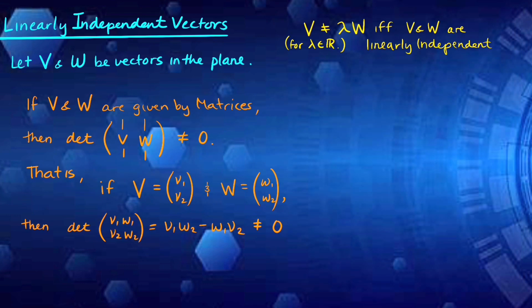If v and w are given by matrices or vectors, then the determinant of the matrix that is formed by the combination of those two will not be equal to 0. That is to say that if these two vectors are linearly independent, then the determinant with their components will not equal 0.